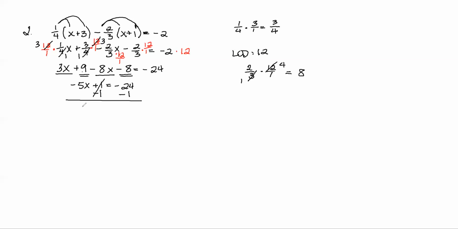And so we get -5x equals -25. And now we can go ahead and get the x by itself, divide by -5. And so these guys cancel, and we get x equals +5.